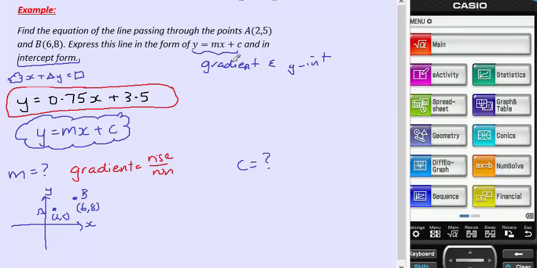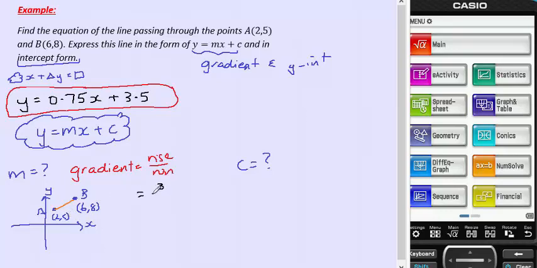So as I go from point A to point B, I go up a certain number of points and across a certain number of points. And they're my rise and my run. So as I go from a height here at A, my height is 5. As I go up to my height of 8, my rise is from 5 to 8.